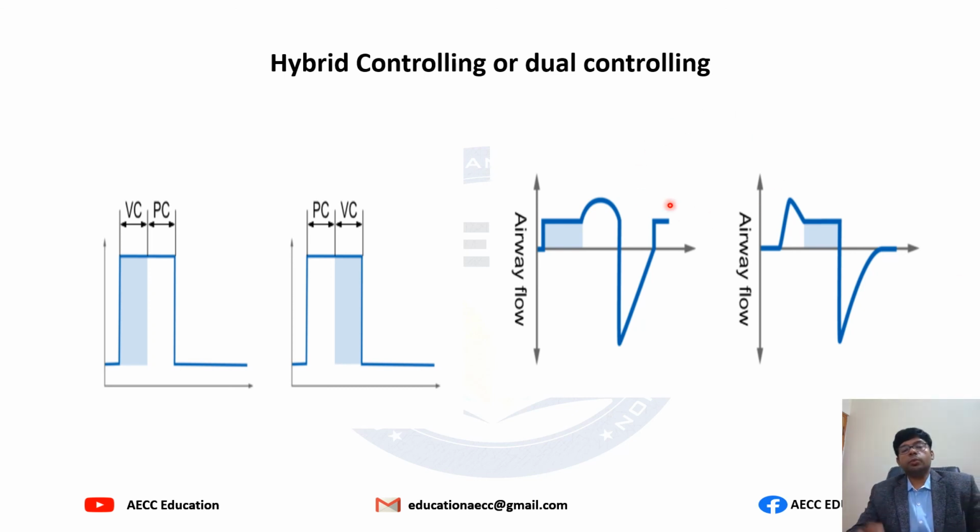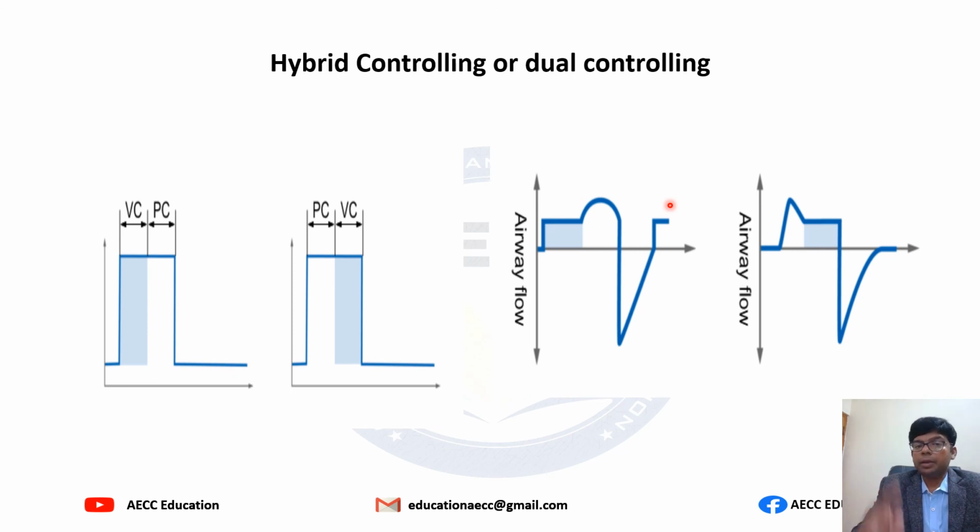Now after this we will move to the hybrid controlling, also known as dual controlling. PRVC or adaptive control is a breath-to-breath change. Like if in one breath the targeted tidal volume is less in case of the adaptive mode, then in another breath the peak inspiratory pressure will increase and try to maintain the set targeted tidal volume.